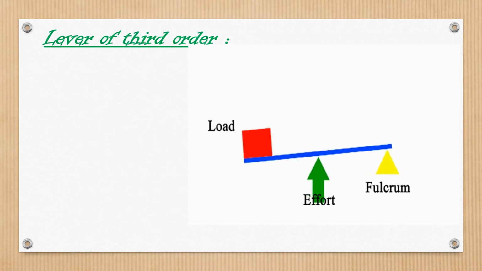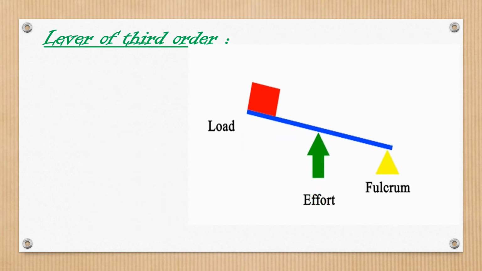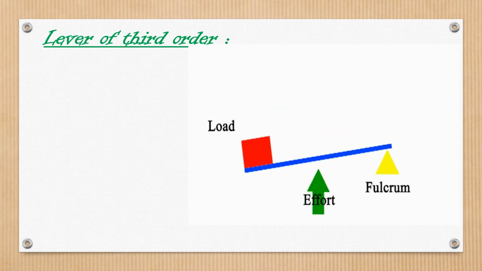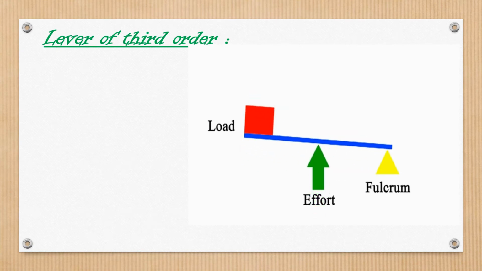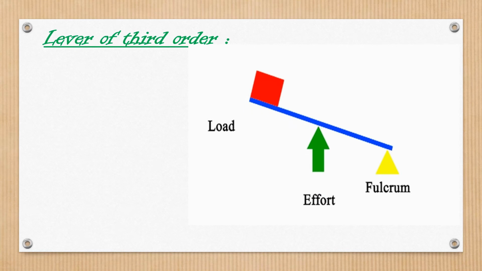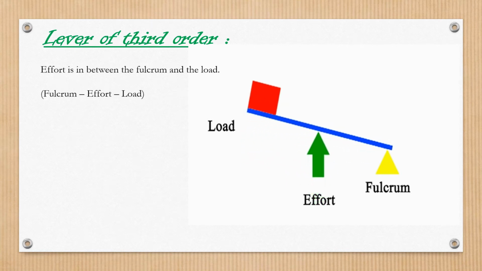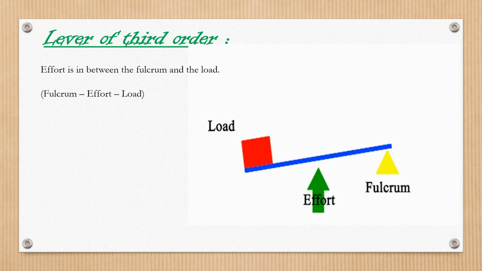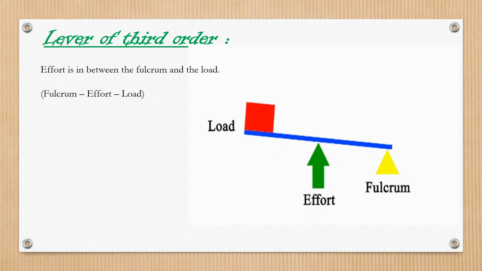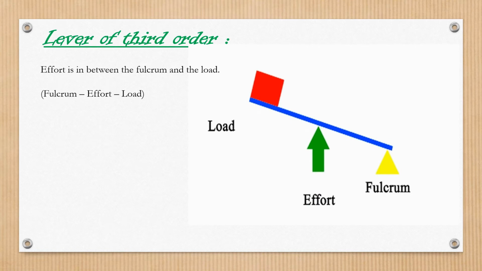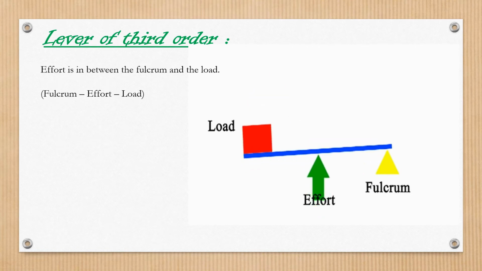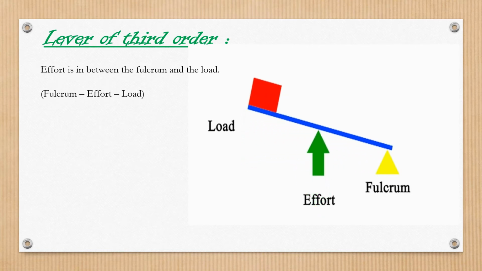Now students, what is lever of third order? Now lever of third order are the levers in which the fulcrum is at one end and the effort is in the middle and the load is on the other end. That means effort is in between the fulcrum and the load. The order is represented as a fulcrum, effort, load.